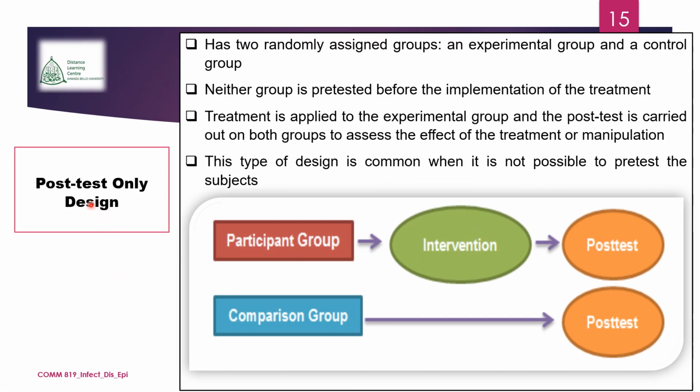For the post-test only design, post as in after, so after-test design. Here it has two randomly assigned groups: the experimental group and a control group. Neither group is pre-tested before the implementation of the treatment.